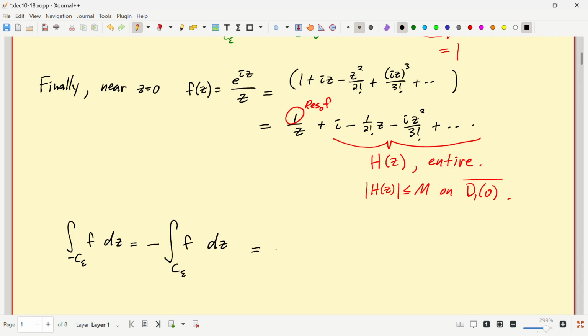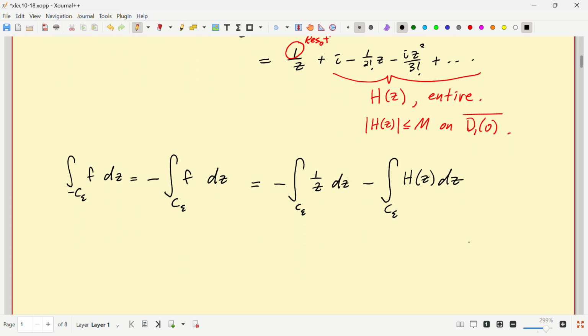And that would be minus the integral along c sub epsilon of 1 over z dz, minus the integral along c sub epsilon of h of z dz. And of course, that's a little tiny thing, so we'll call this the error. Let's see, this one's going to be easy to calculate.